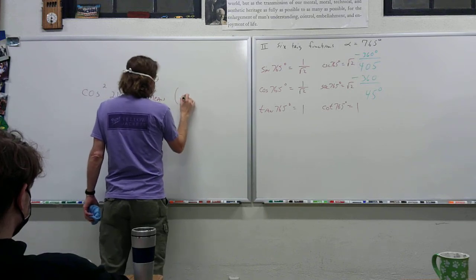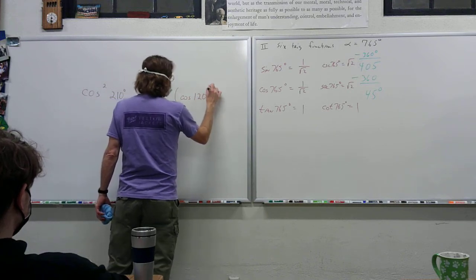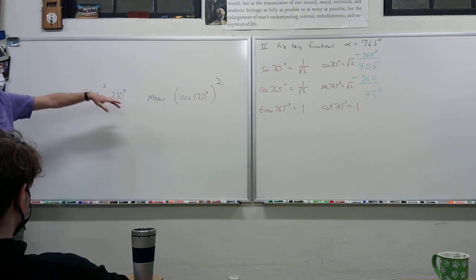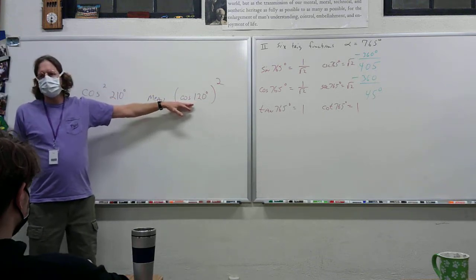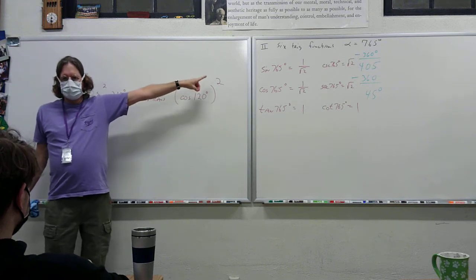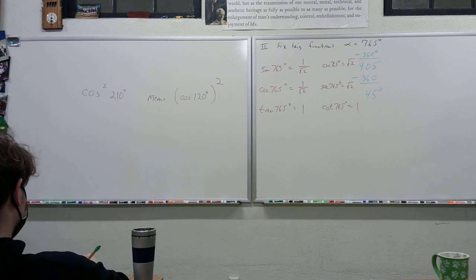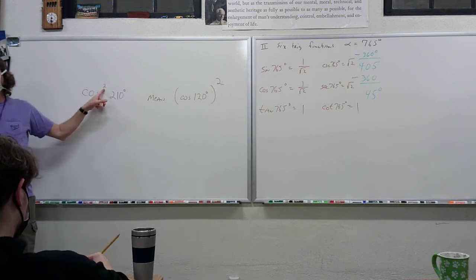We just don't like to write all this. Putting a little square there means you do what's inside the parentheses and then you square. Is everybody okay with that? It just saves us having to write parentheses. We just put the 2 there. If we're cubing it, we put the 3 there.